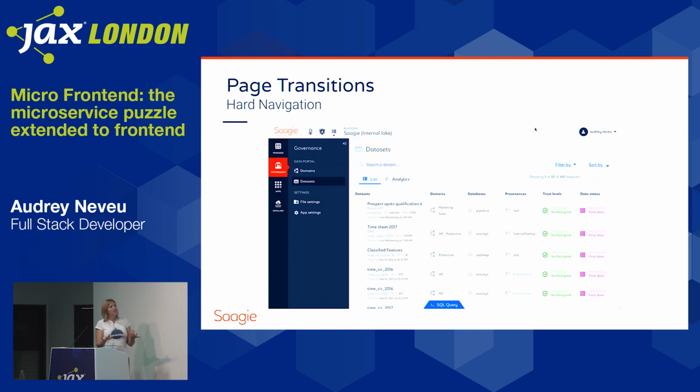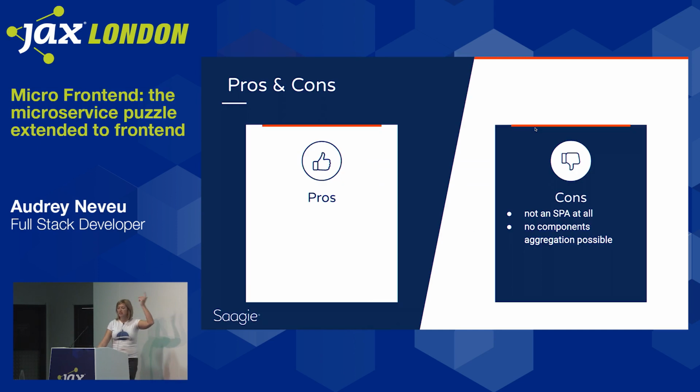More likely, Saagie is aggregating single-page applications. So they were more likely having hard navigation than soft navigation. And that's the reason why this solution, the third one, despite the fact that it's not a single-page application at all and that we can't aggregate components anymore, was the good one.